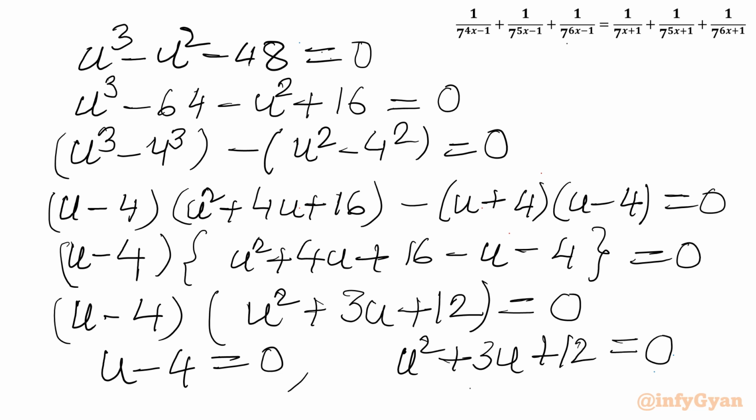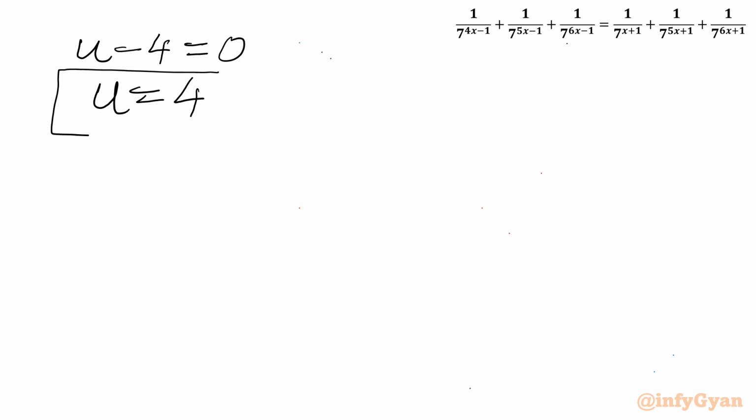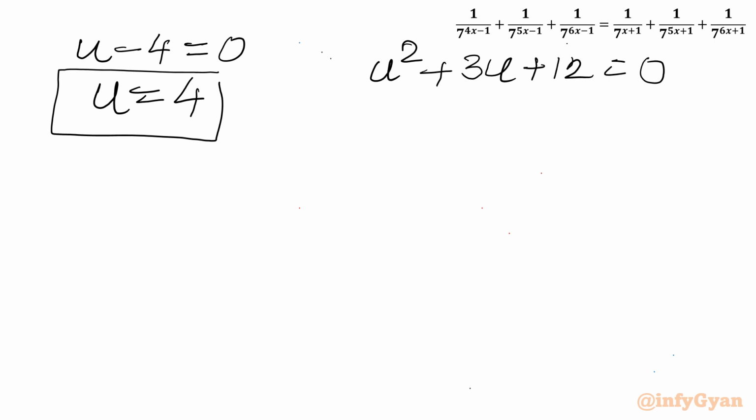Let us solve both the equations one by one. From the first equation u − 4 = 0, we will be having u = 4. Now from the quadratic equation u² + 3u + 12 = 0, we can only check the discriminant. So 3² − 4 times 1 times 12.